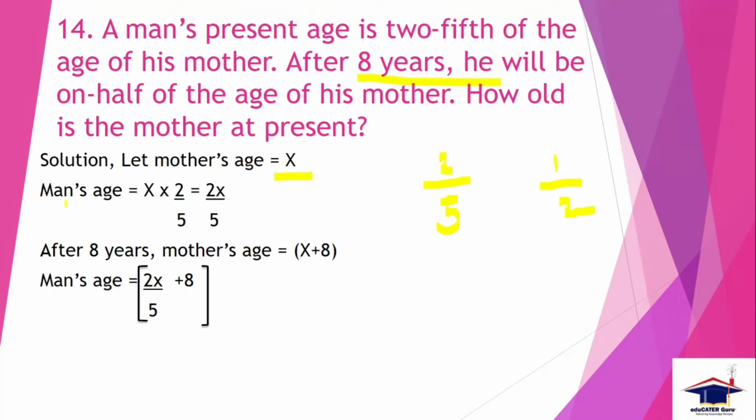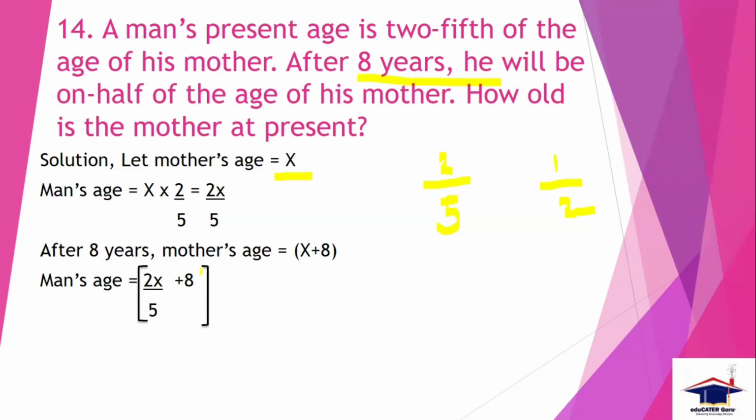So the man's age is x into 2/5, that is 2x by 5. So after 8 years, the mother's age is x plus 8, whereas the man's age is 2x by 5 plus 8.